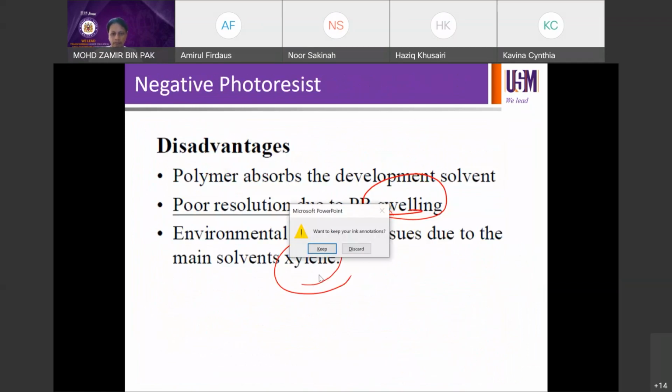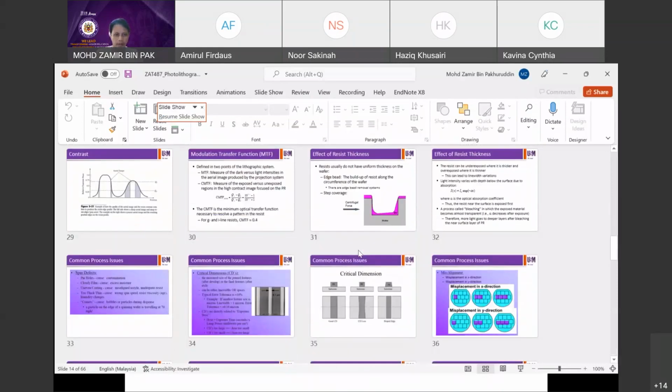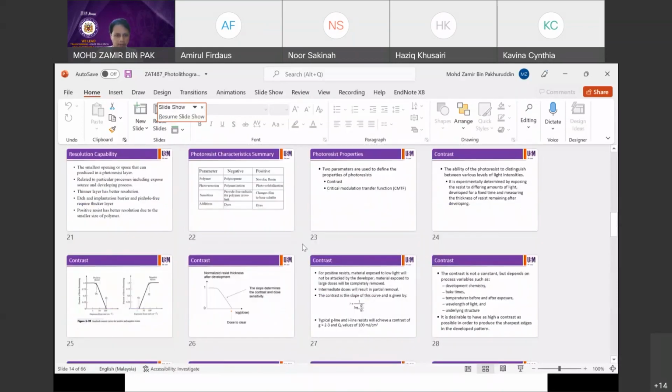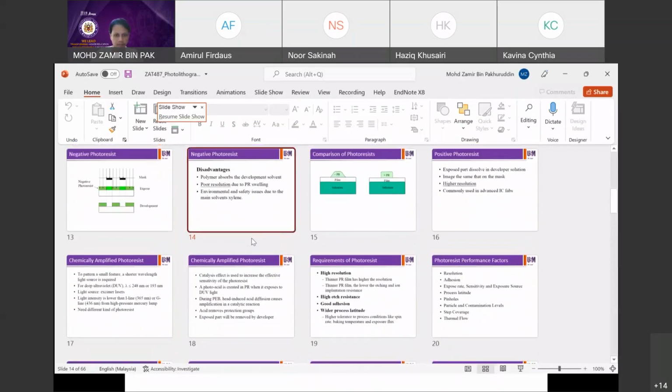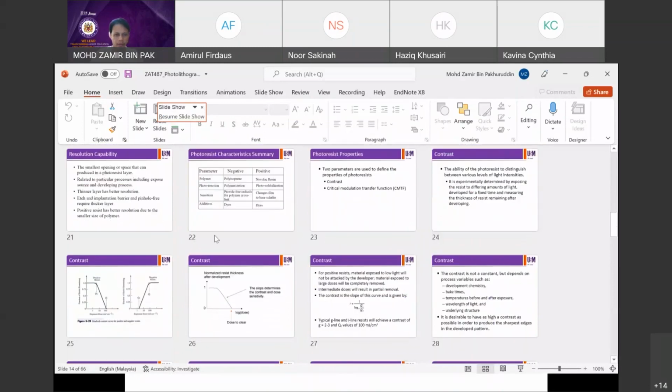Okay, Doktor, sebenarnya saya tak faham sangat yang graf yang doktor tunjuk tadi, yang CD tadi. Okay. Right. Mana tadi? Saya pergi discard pula. Which page tadi? Chemically amplified, resist properties.